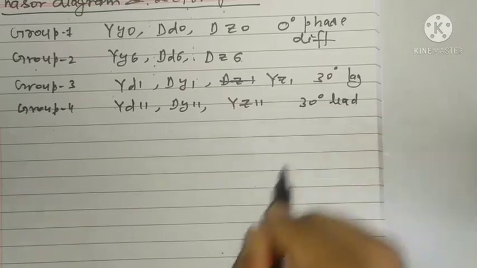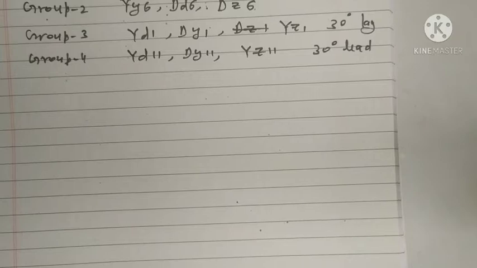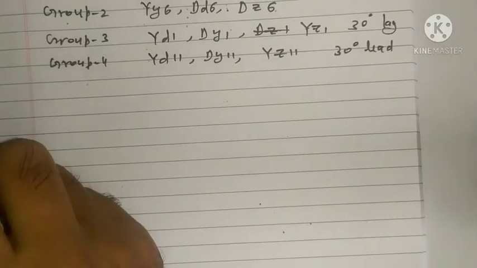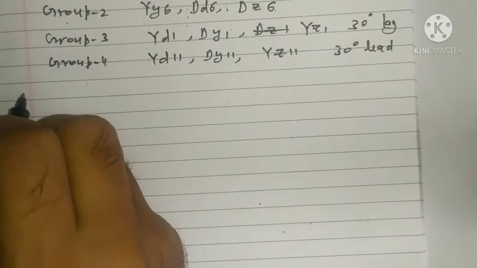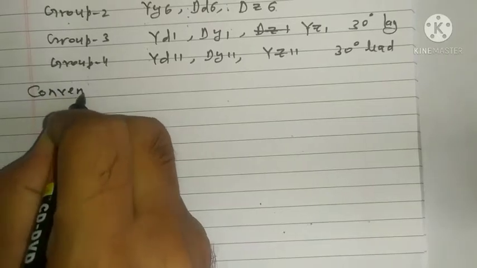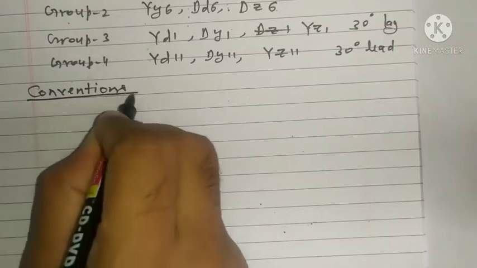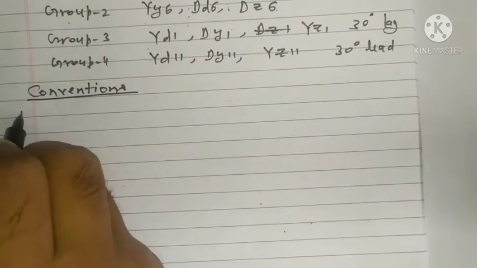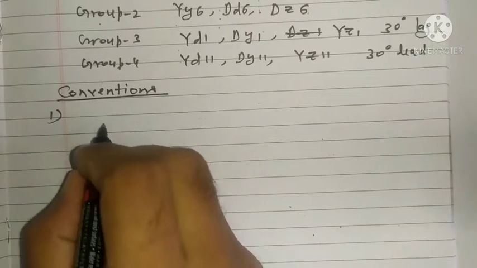We will see all these phases, right? So for learning it, we must know some conventions. So what are the conventions? Conventions are, very first, that we will follow phase sequence as ABC.